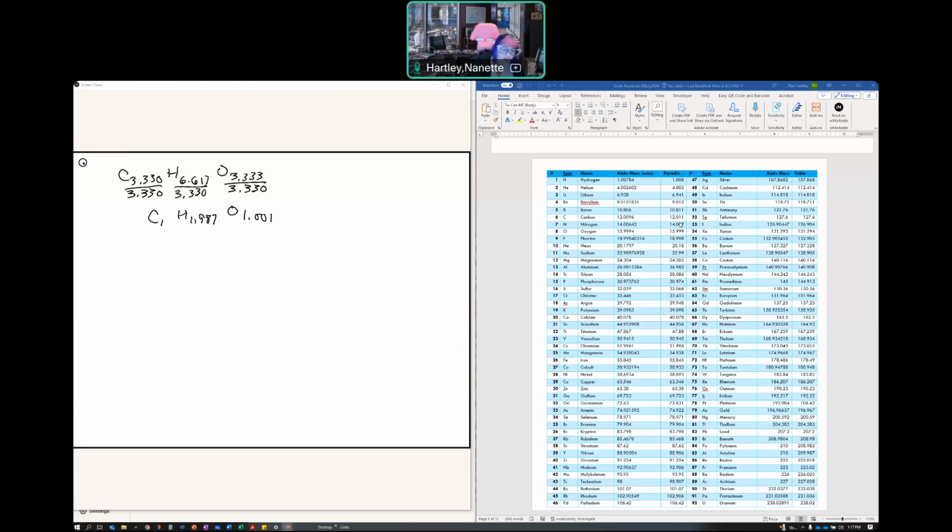So I can round this to 1. I can round this to 1. So I end up with CH 1.987. And that's close enough to 2. So CH2O. To whole number rounding, we can call that CH2O.